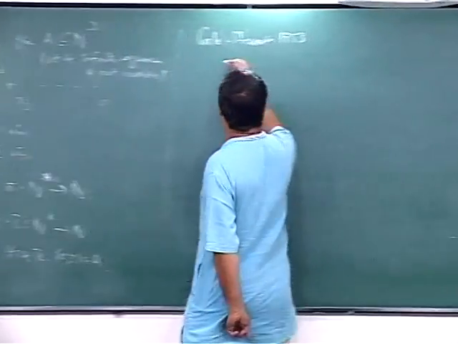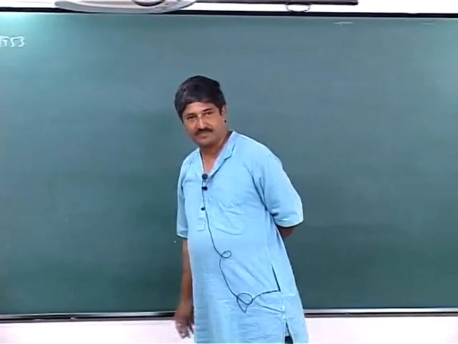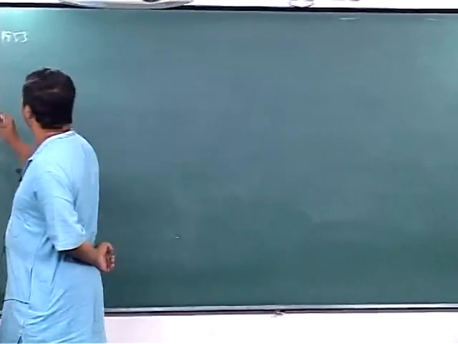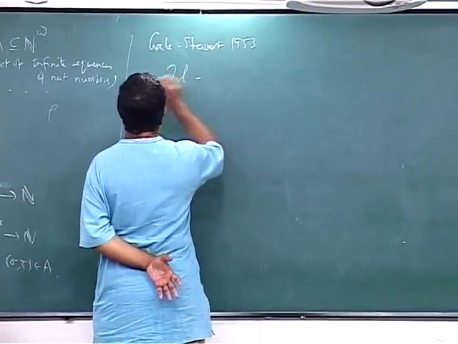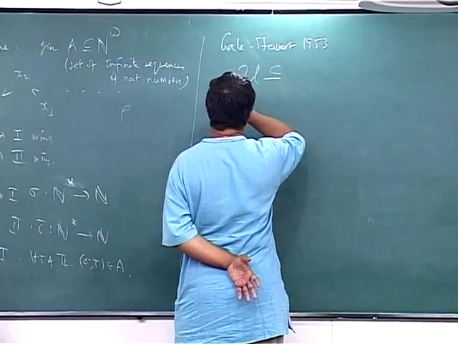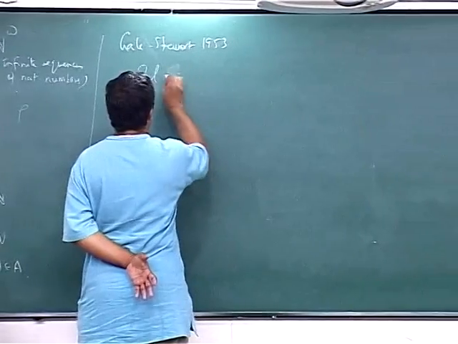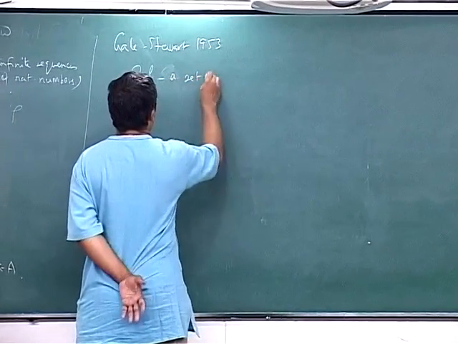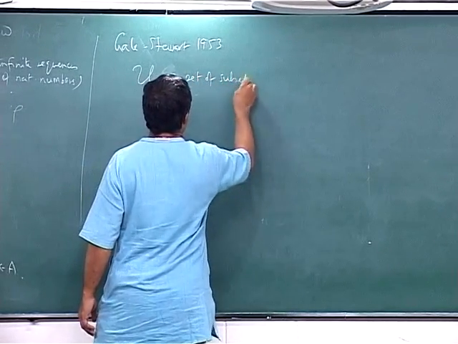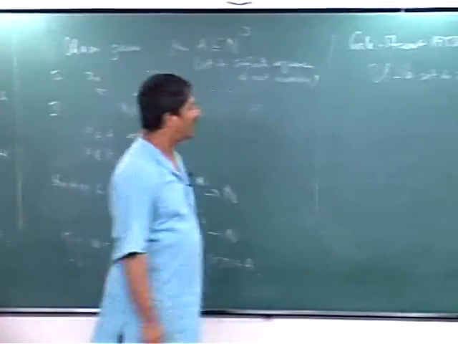I'll set up a set U which will have the following properties. It has to be a subset of N to the omega. Let me first define a set of subsets of N which has the following properties.